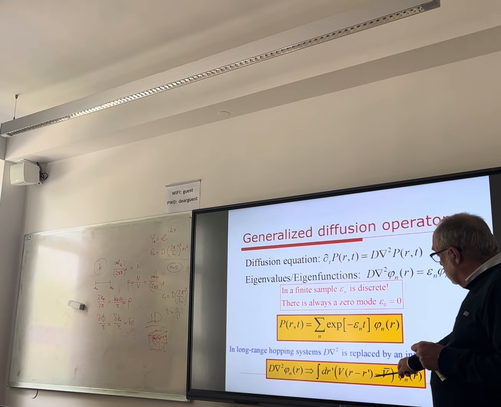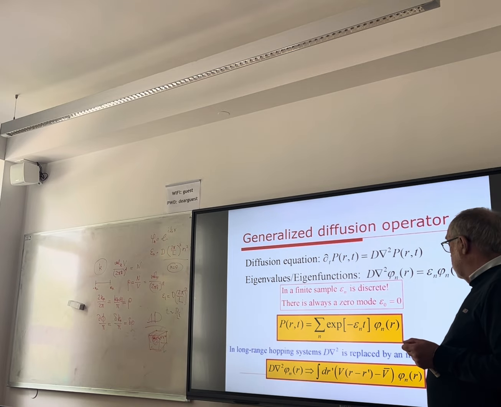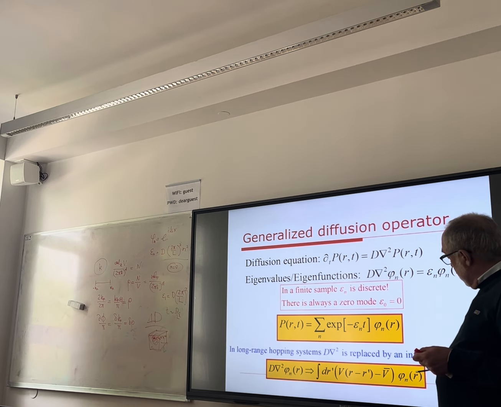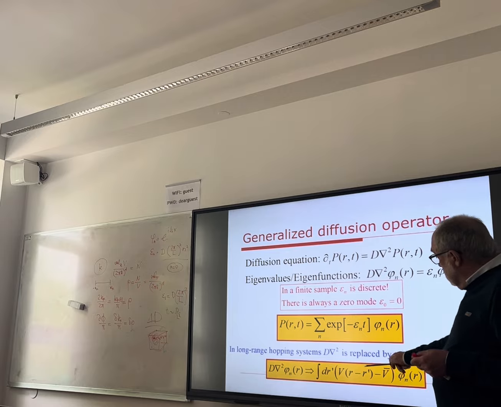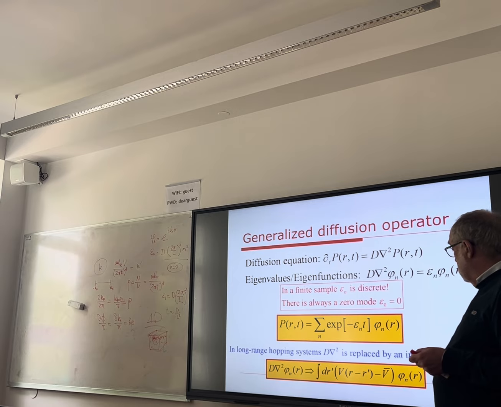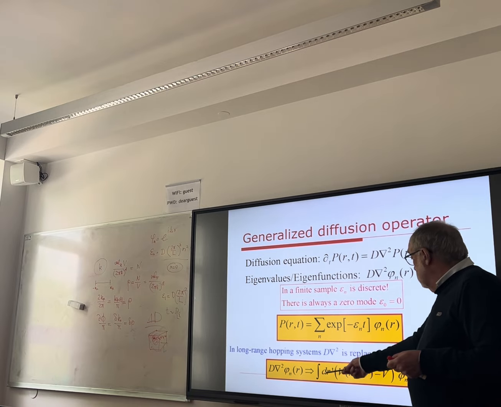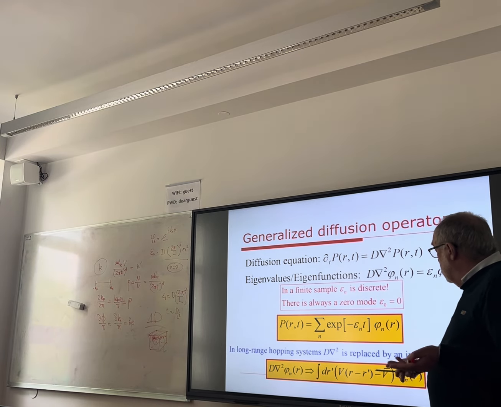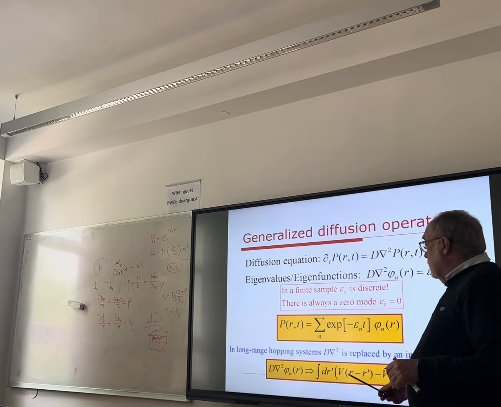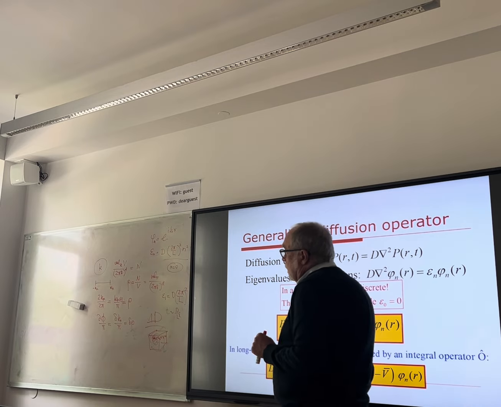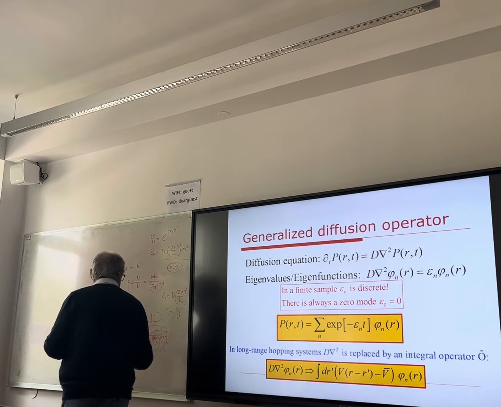So if I don't subtract this, I would not have a zero mode. But if I subtract this and say that I have a constant phi, then this integral gives me V bar times volume, and this is also V bar times volume, and I have zero.